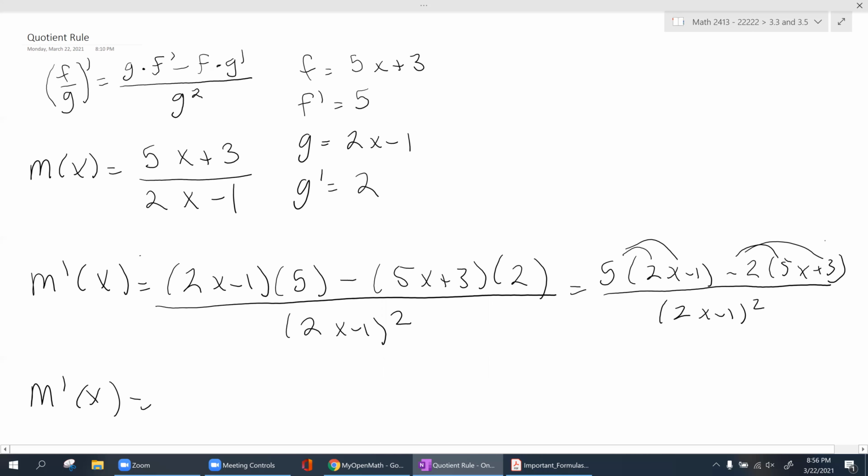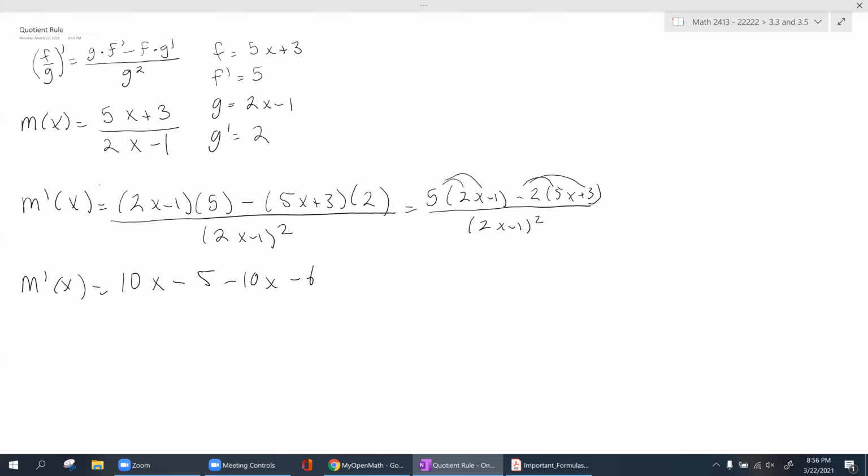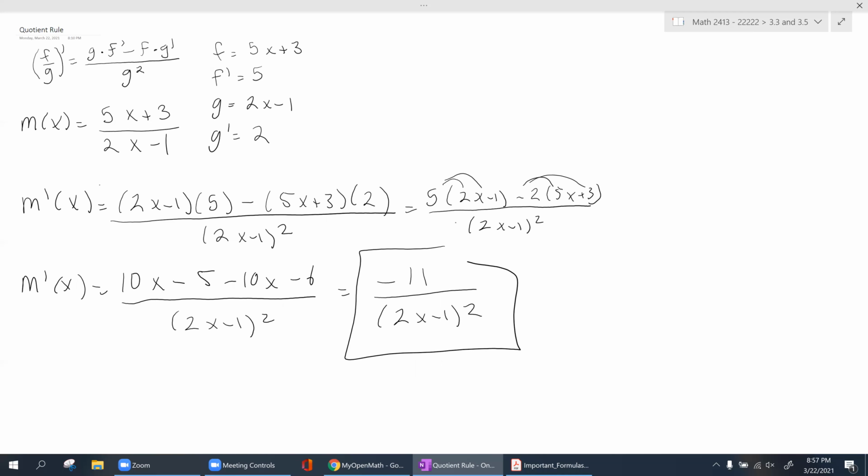So this gives me 10x minus 5 minus 10x minus 6, all over 2x minus 1 squared. On the top, whenever I simplify, it's going to give me negative 11 over 2x minus 1 squared. Ta-da! That's your derivative.